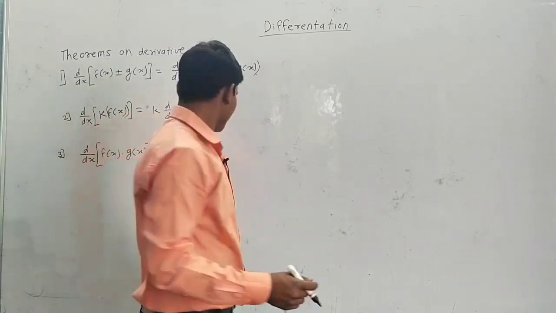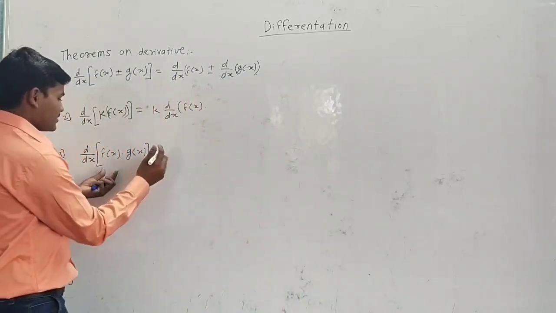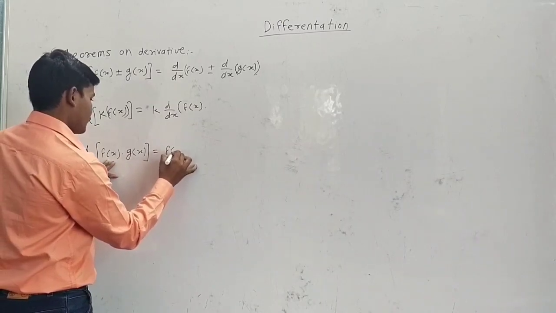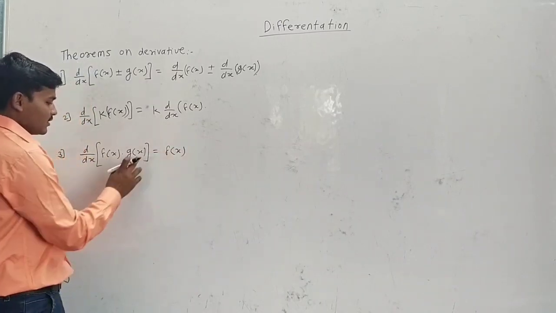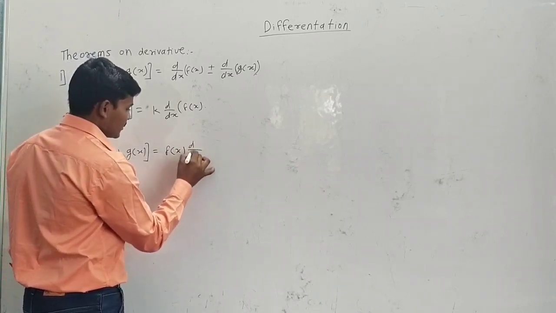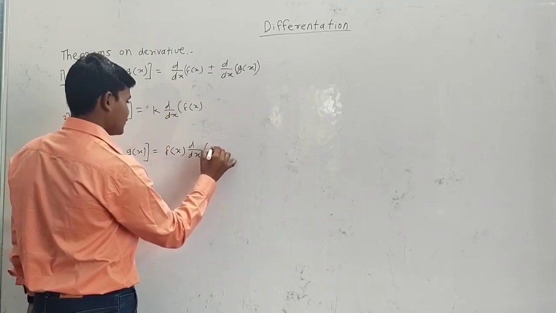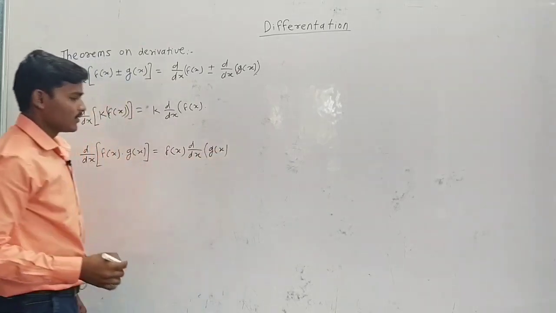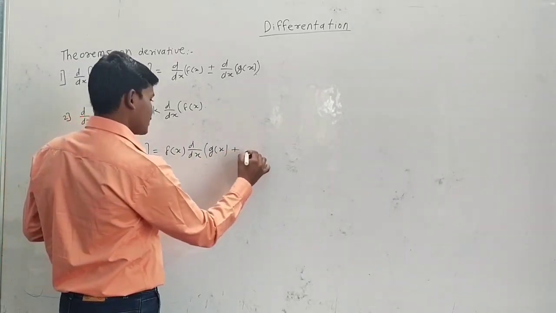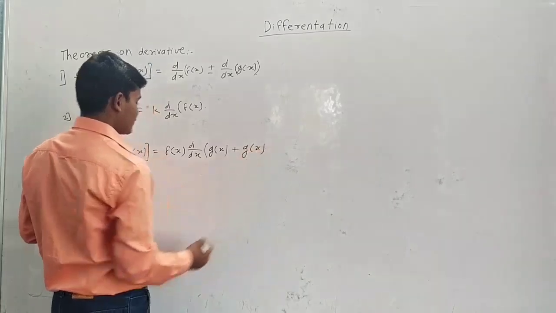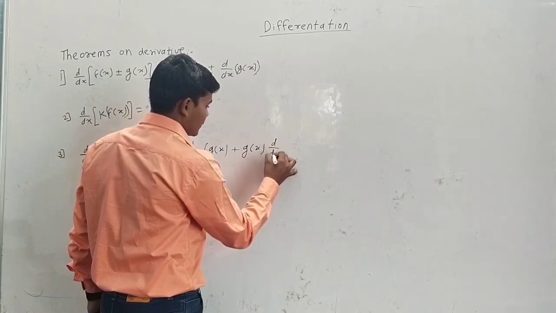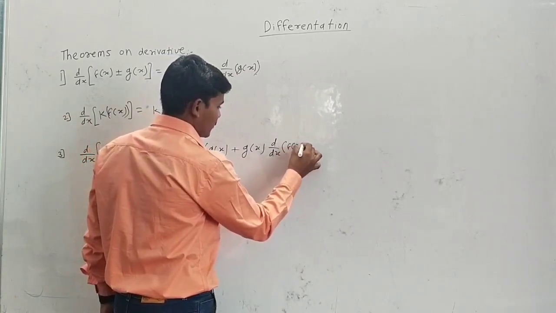Now what we have to do is take the first term as constant, f of x, and make the derivative of the second term, that is g of x, plus now take the second term constant, that is g of x, and make the derivative of the first term, that is dy dx of f of x.